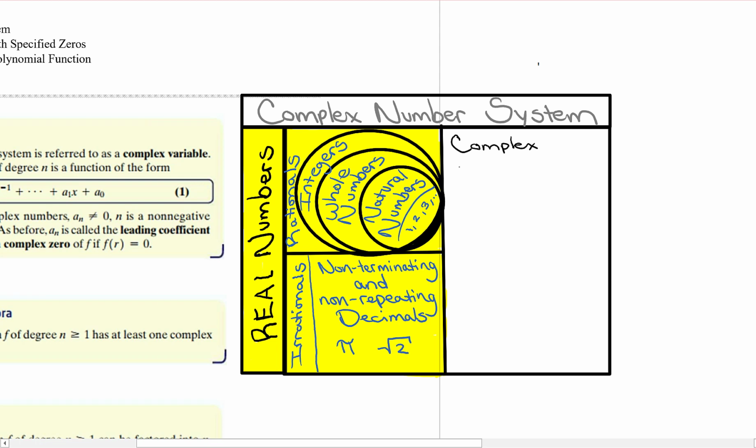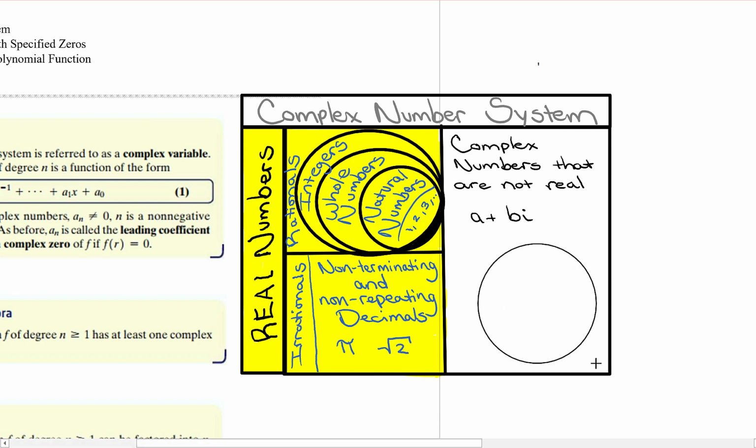So the complex numbers that are not real, we can write those in the form a plus bi. And a subset of this set of numbers would be the pure imaginary numbers.